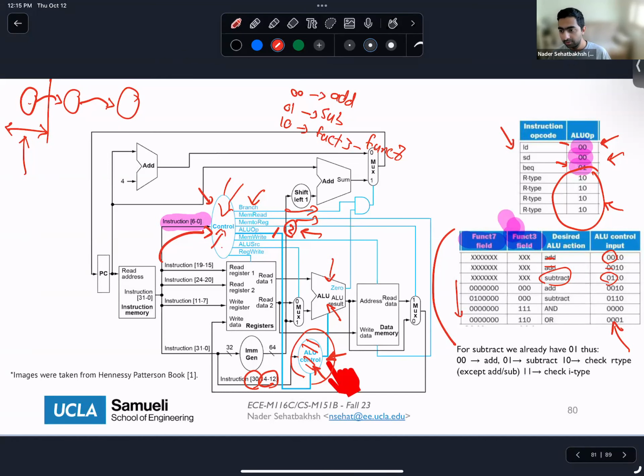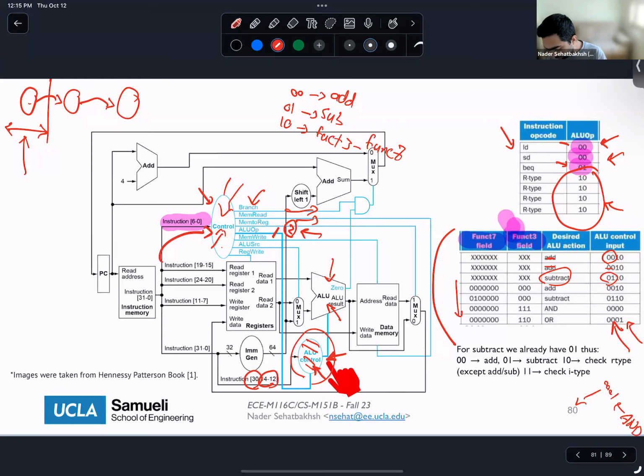All right, so let's see if there are questions. Somebody asked, besides the ALU op, do the other 2 bits come from the instruction to form the 4 bits? I think the question is about this part. No, this is the contract that we have when we are designing our hardware. You could have easily said, for example, that 0, 0, 0, 1 is AND and so on and so forth.